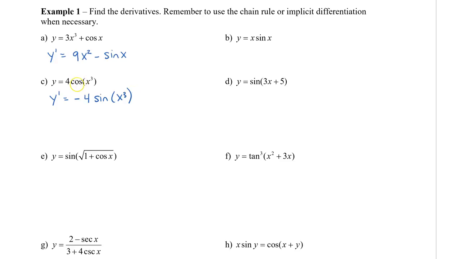The derivative of cos is negative sine, but we leave the x cubed inside. And as a separate step, we take the derivative of just the x cubed part, which is 3x squared. So now we have negative 4 times 3, which is negative 12, x squared, and then times sine x cubed. And that's how we leave this.